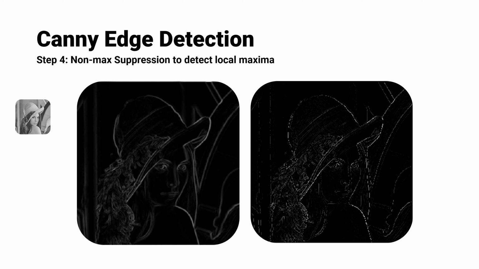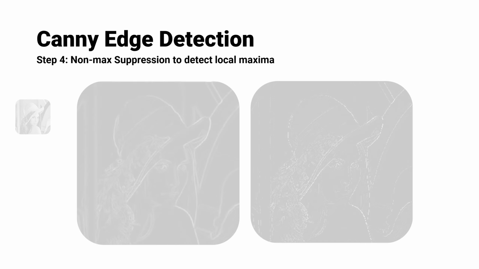For example, the detection on the hat is very strong, but as we go along, it's pretty weak. So the edge might be lost depending on the threshold, and we definitely lost the bow on her hat here. Great. So let's see how we can do this automatically.